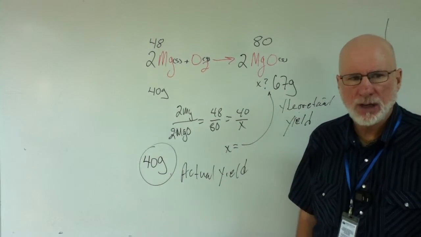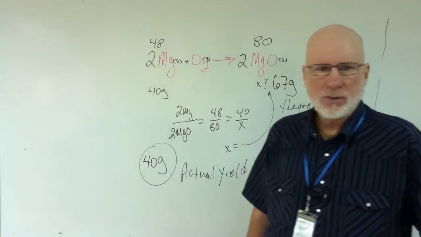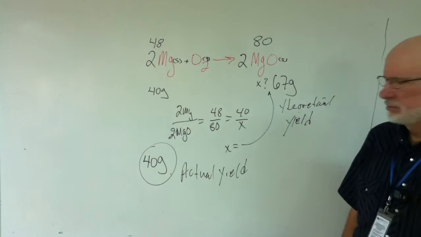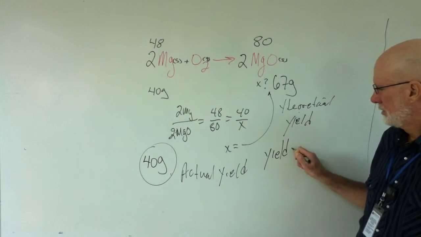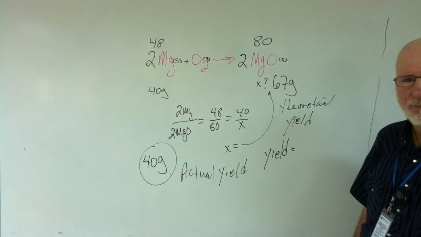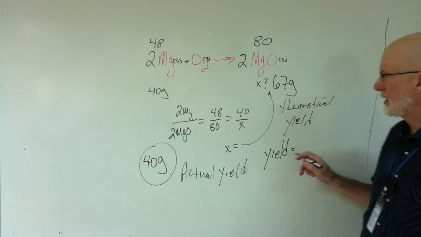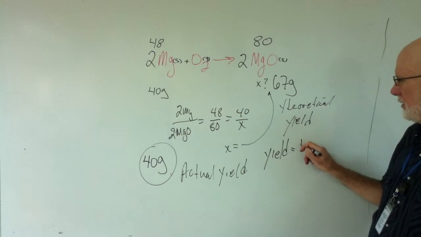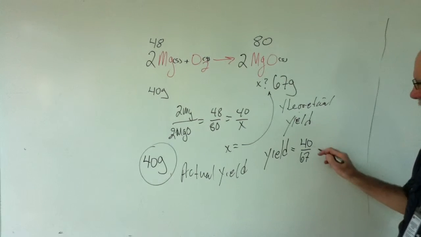Is there a ratio that we could determine and call it something, or simply the yield is called what? Percentage. Well, you could say percentage yield, it's not a problem. So it would be 40 over 67, which is what?